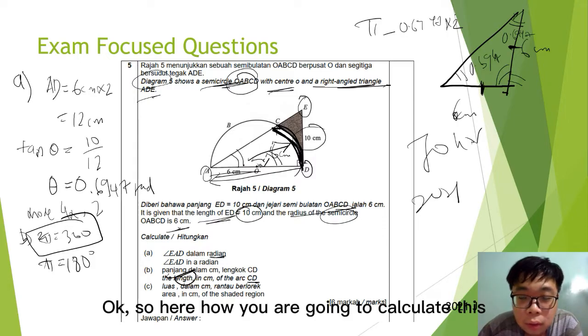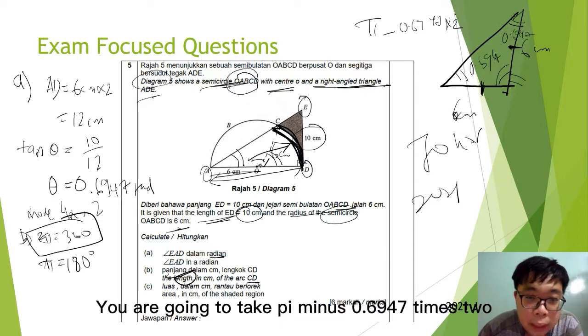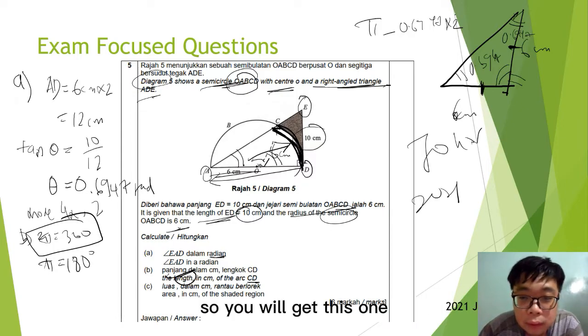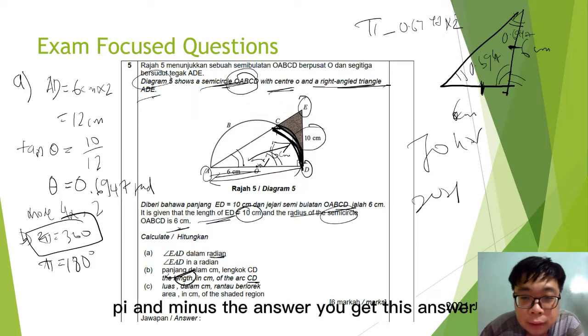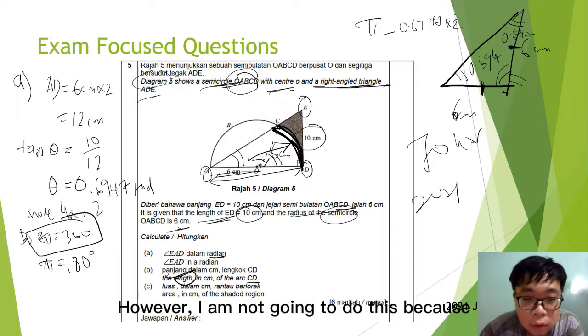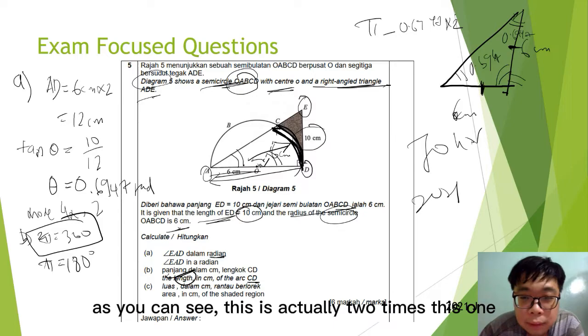So here, how are you going to calculate this? You are going to take pi minus 0.6947 times 2. Okay, so you will get this one. And then you take another pi and minus this answer to get this answer. However, I'm not going to do this, because you can see this is actually 2 times this one.